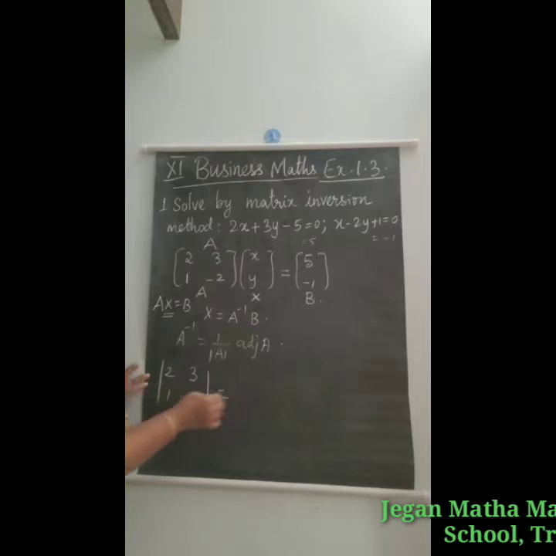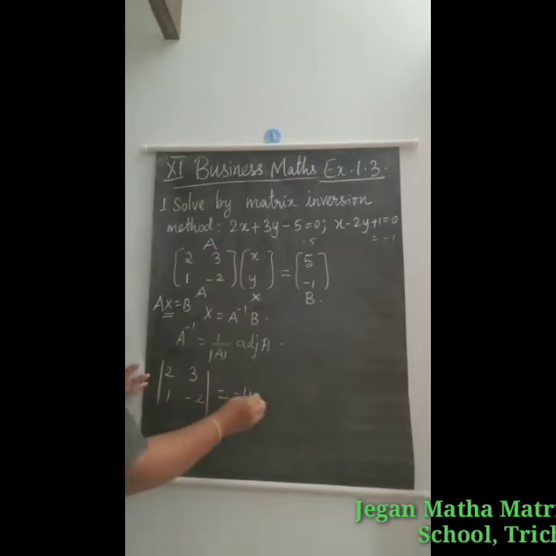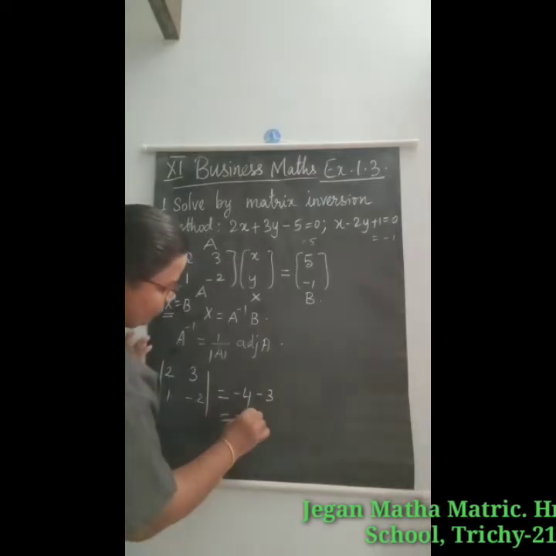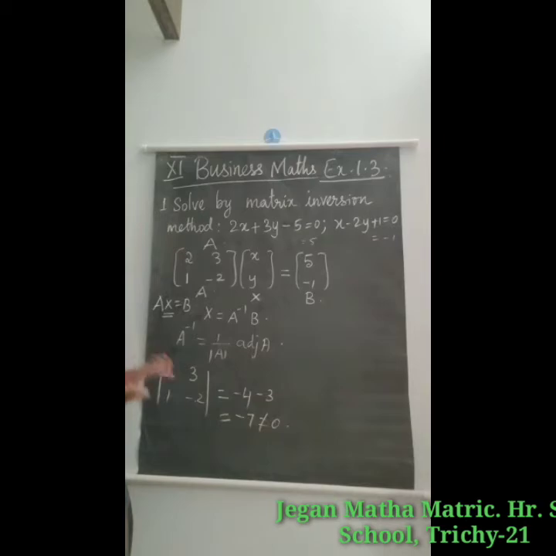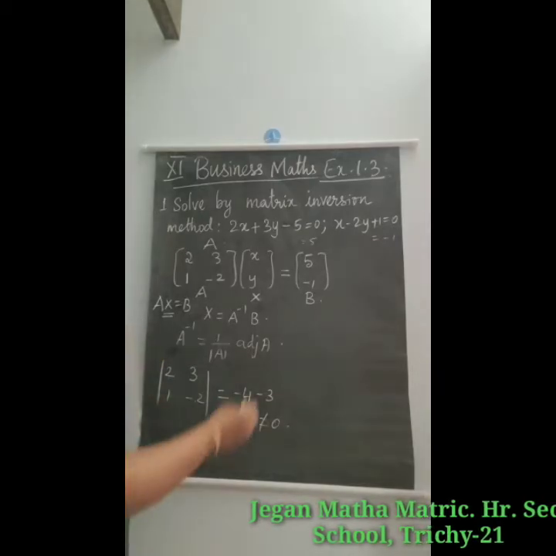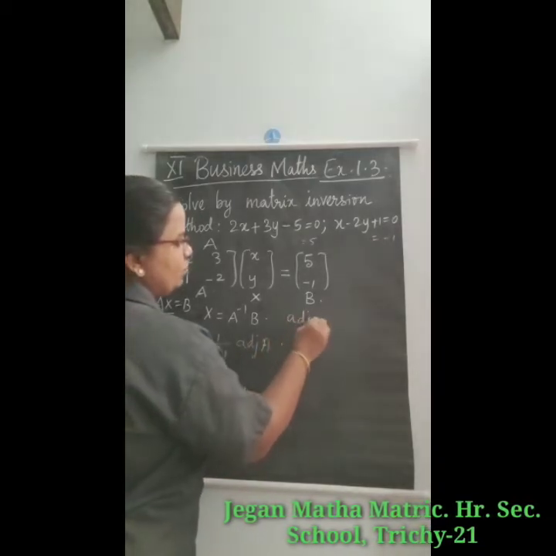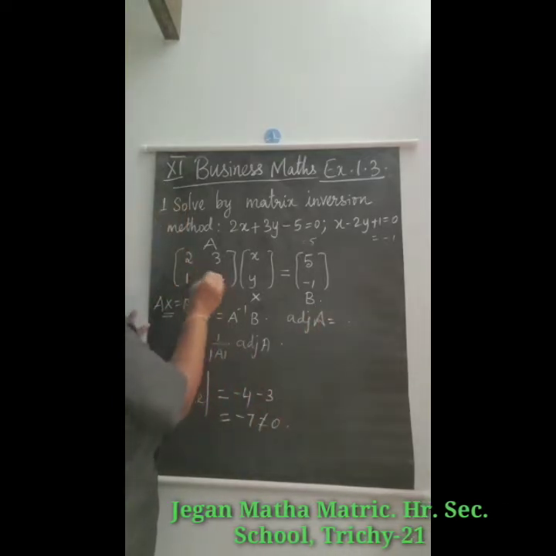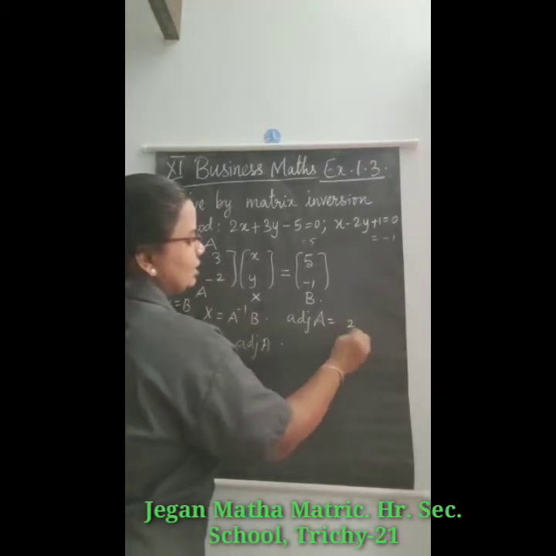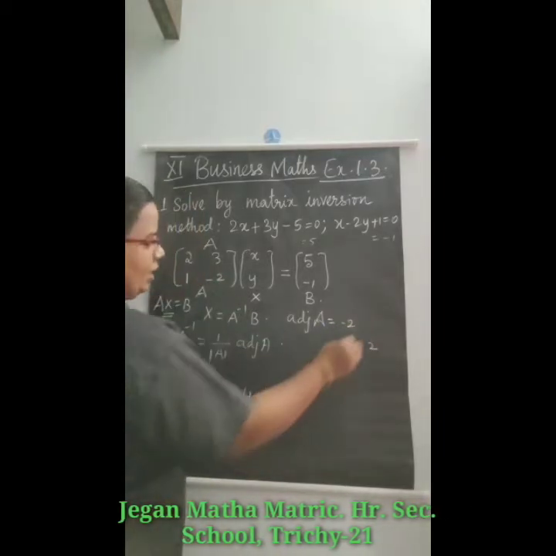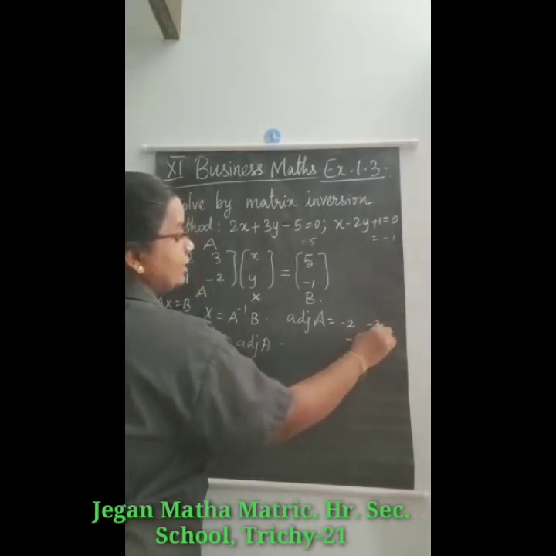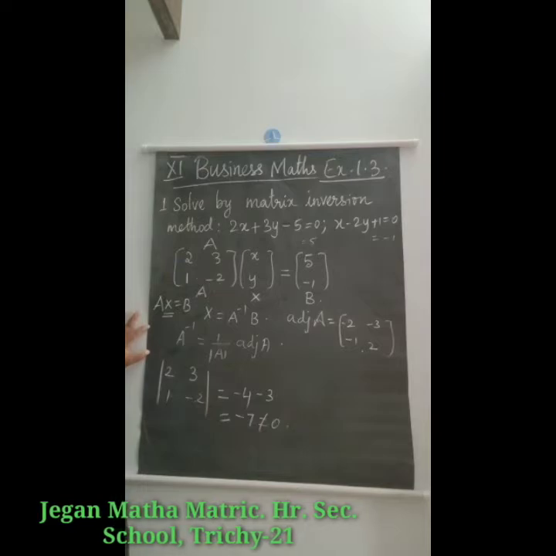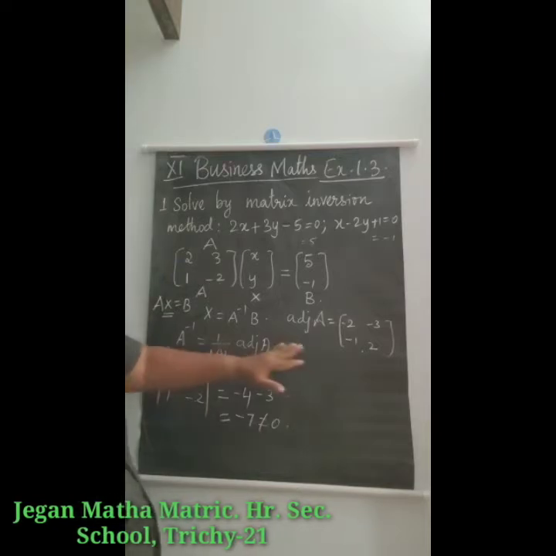That is equal to minus 4 minus 3, which is minus 7, not equal to 0, so the inverse exists. What is adjoint A? You interchange the main diagonal elements and change the sign of the other diagonal. So minus 2, minus 3, minus 1, 2 is the adjoint A.